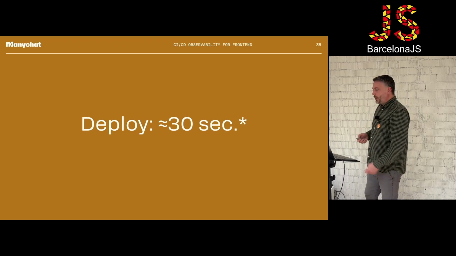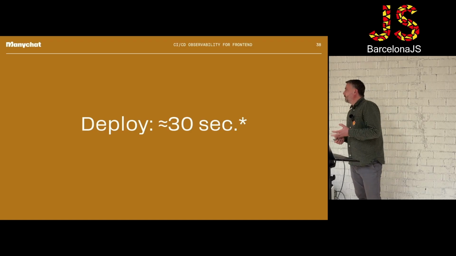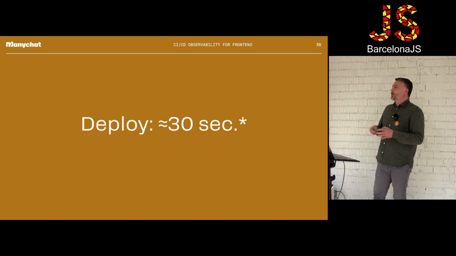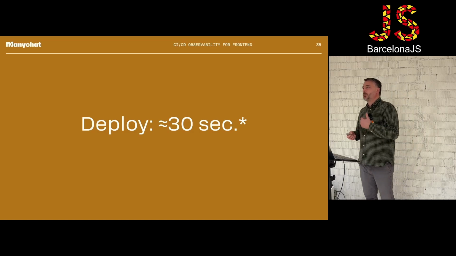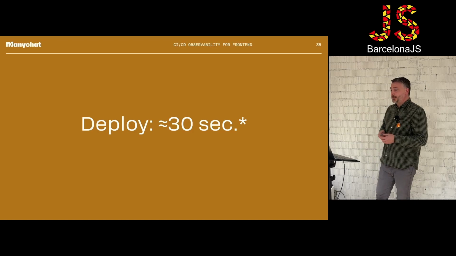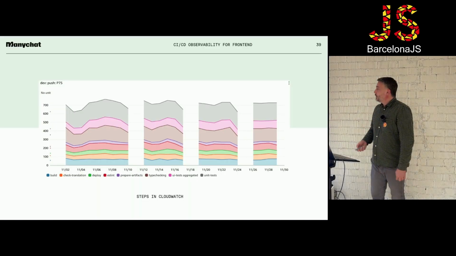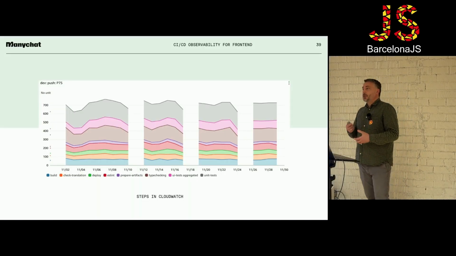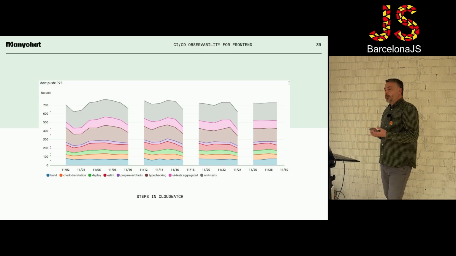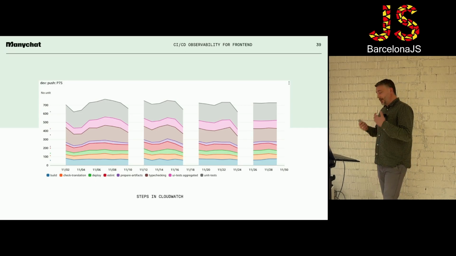And of course, deploy is about 30 seconds, but it's not our part. We just prepare our resources to deploy, and most of the deploy is done by our infrastructure guys. And of course, we set up monitoring of these steps, and we see it in dynamics, and we can understand what's going on if something went wrong.